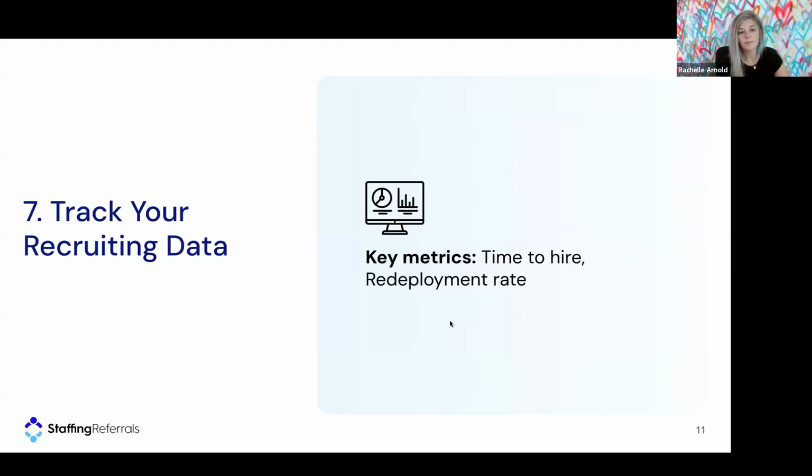Absolutely. And last up, I know we started with measuring and making sure that you're looking at what the true cost of hire is. I just want to reinforce this: you have to track your recruiting data. What gets measured gets done.